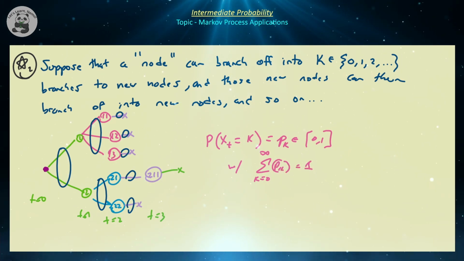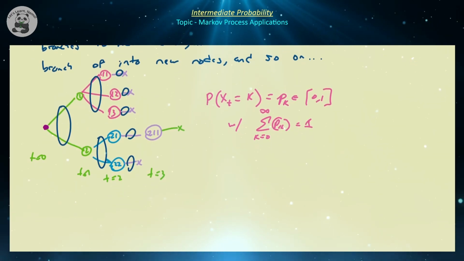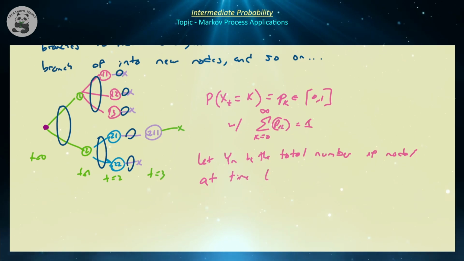And again, a Poisson distribution probably would be a reasonable choice, because on average, how many branches does each of these branches branch off into? Okay? And let yn be the total number of nodes at time t is equal to n, with y0 initialized to be equal to 1.